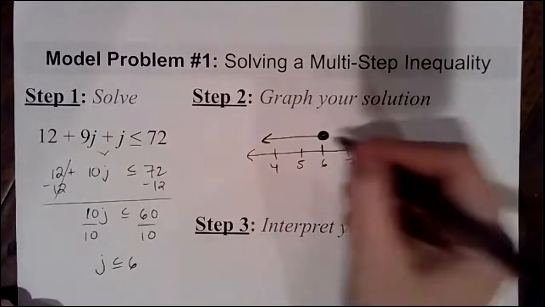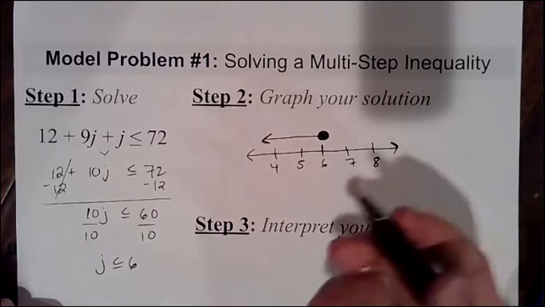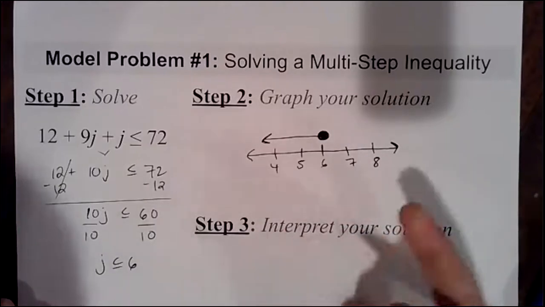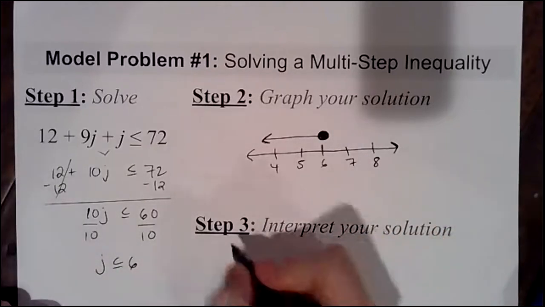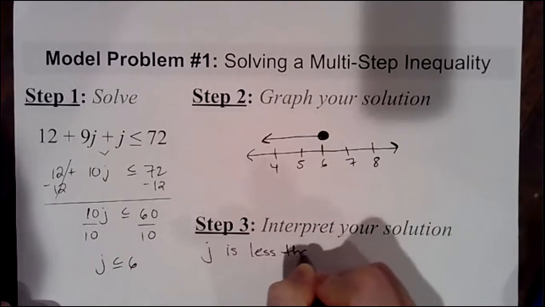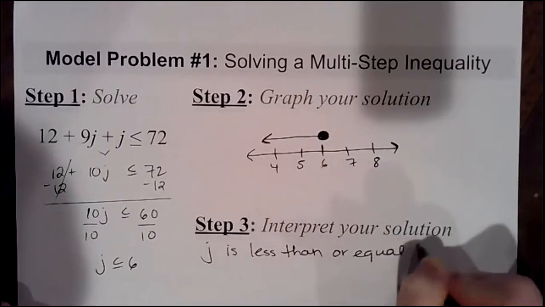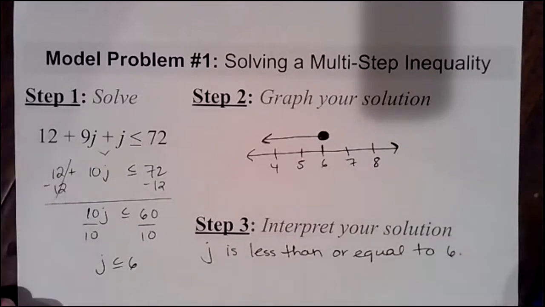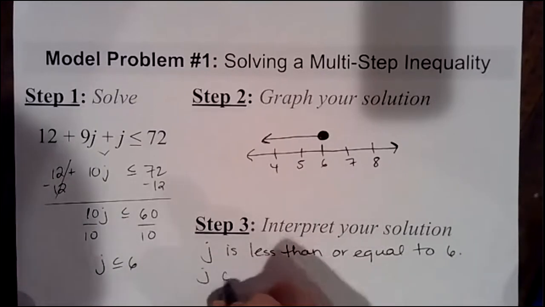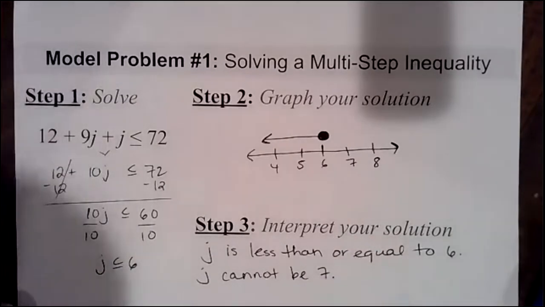Okay? Now going back to your statement, right? So the first sentence is going to be stating this solution again. J is less than or equal to 6. What can it not be? J cannot be 7, right?